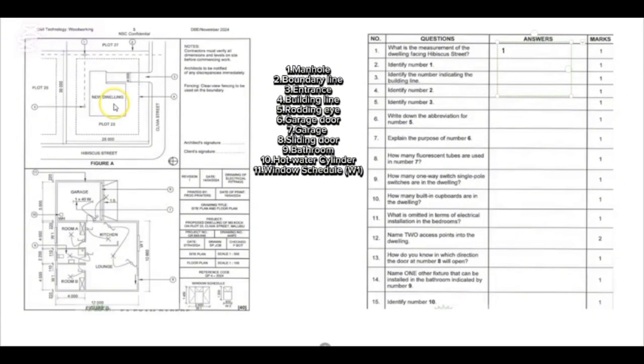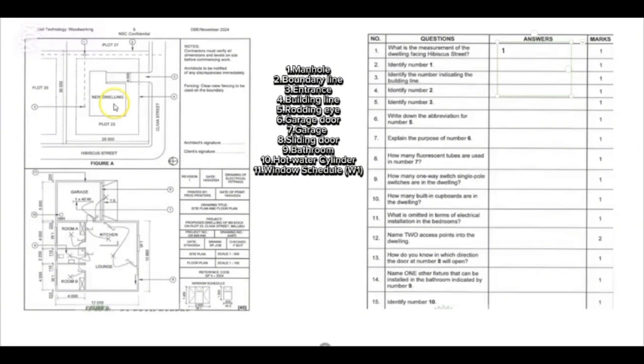Number 7, that's the garage itself. You can see the light fitting symbol 1 multiplied by 40 W, that stands for watts, right there. Number 8, that's the door leading from the outside into the lounge area. So that's your main entrance door or a sliding door.